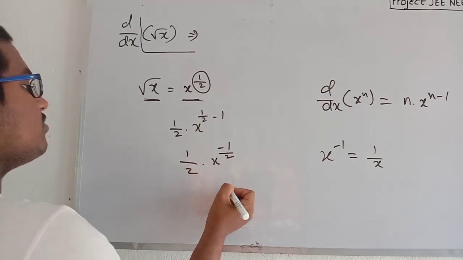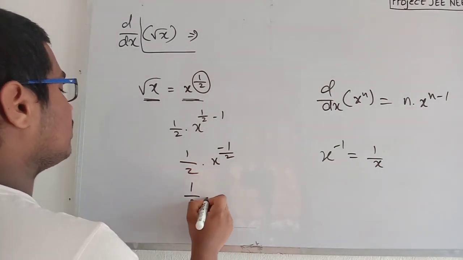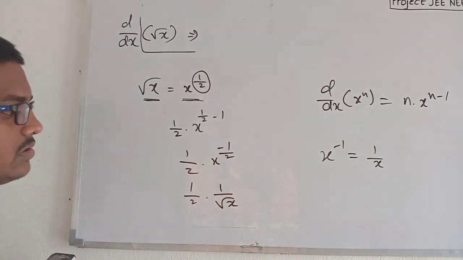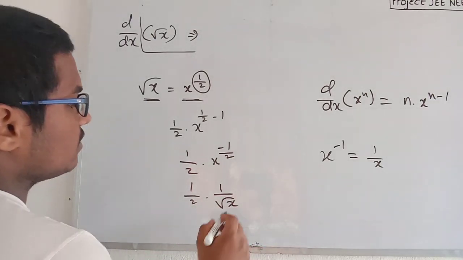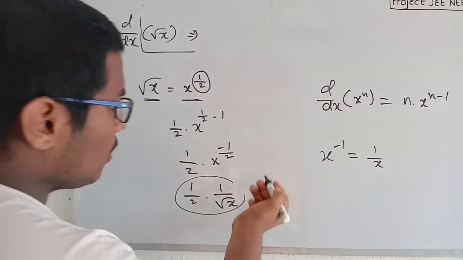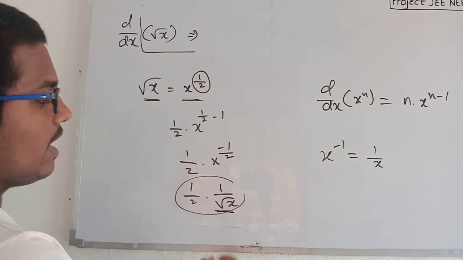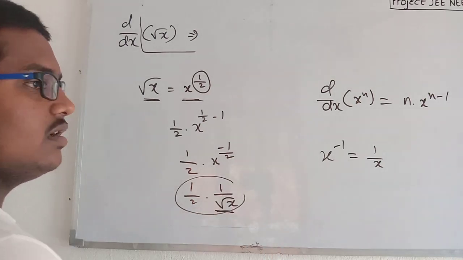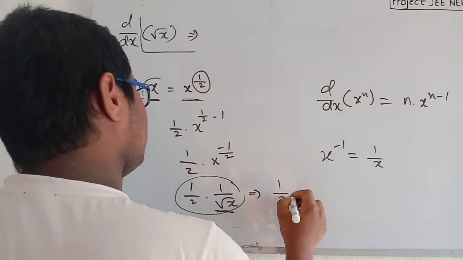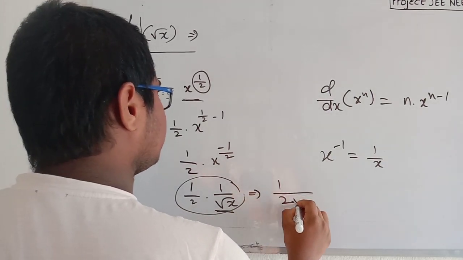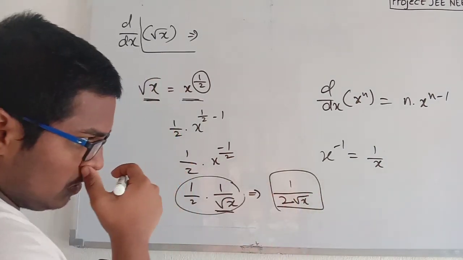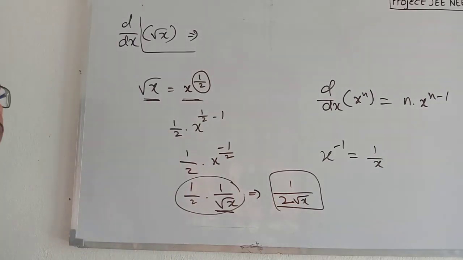So here x power minus 1 by 2 is 1 by root x. In order to eliminate the negative from the power, we wrote that in the manner of a fraction or a reciprocal. So 1 by 2 into 1 by root x is 1 by 2 root x. So this is the formula for d by dx of root x.